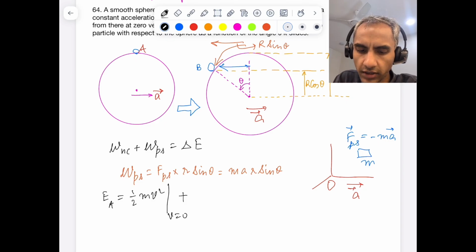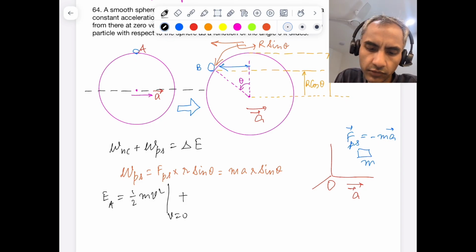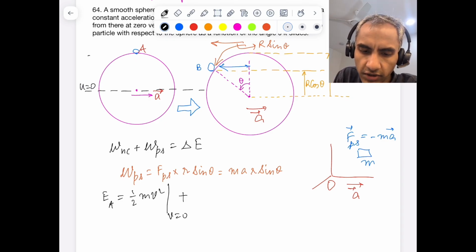So let's assume that at the middle of the sphere, the gravitational potential is zero, so U zero. So therefore, the gravitational potential energy at the point A would be U is equal to mgr, right?